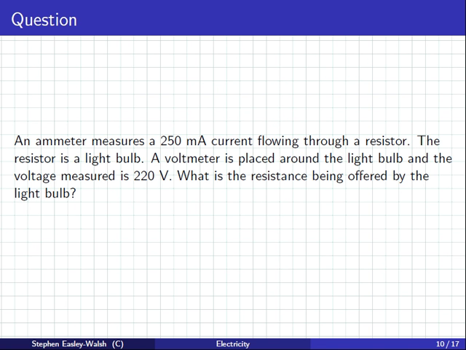Give it to me in ohms. 880 ohms, isn't it? It's 220 divided by 0.25. Milli is 10 to the power minus 3. 880. Easy peasy?